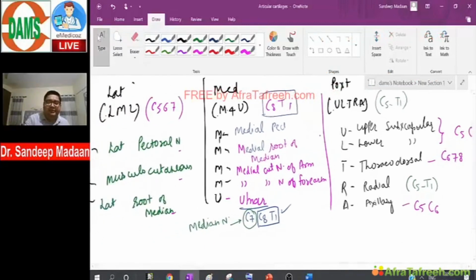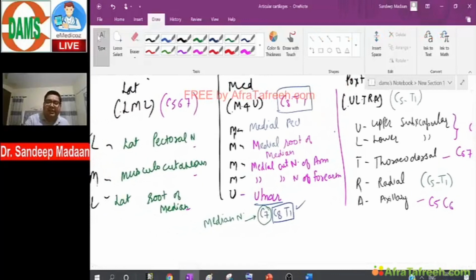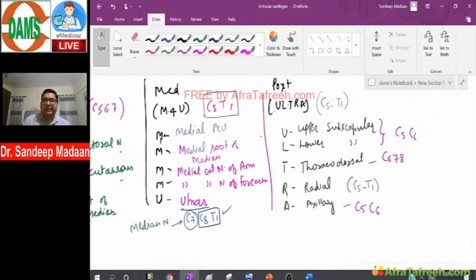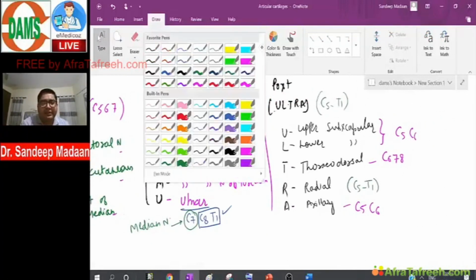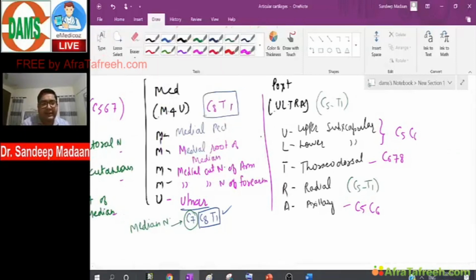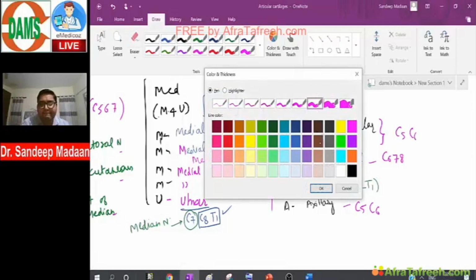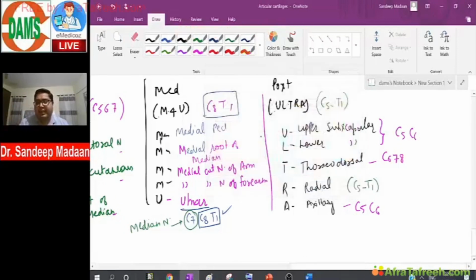All right, have you understood? Only one point that we may write here. What are the muscles supplied here? We can write the muscles supplied. Upper subscapular is going to supply which muscle?